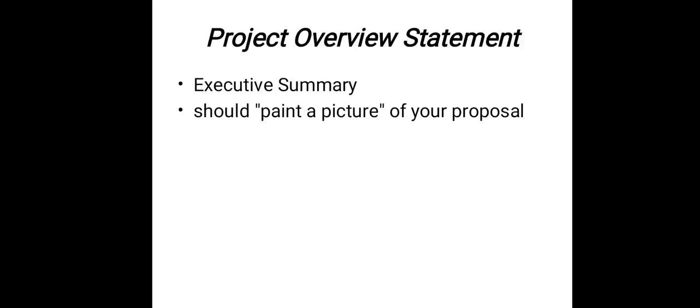The project overview should paint a picture of your proposal in the mind of the reader. It should establish a framework so that the rest of the proposal has a frame of reference. Use the project overview to begin to show your knowledge of the organization from which you are requesting funds.